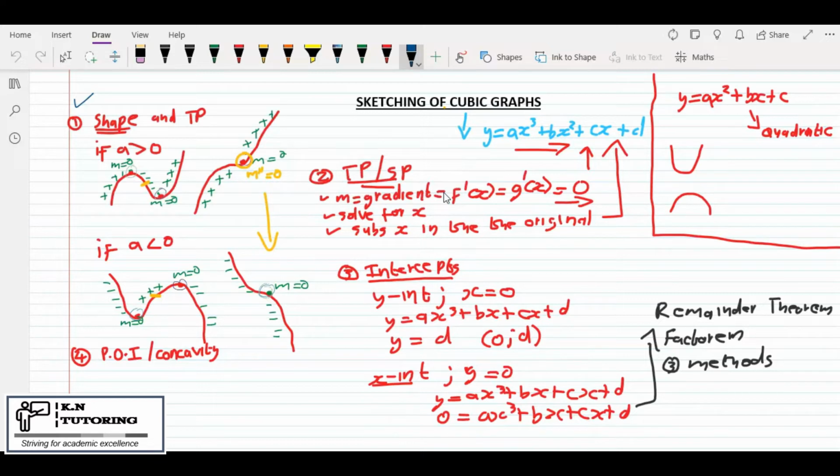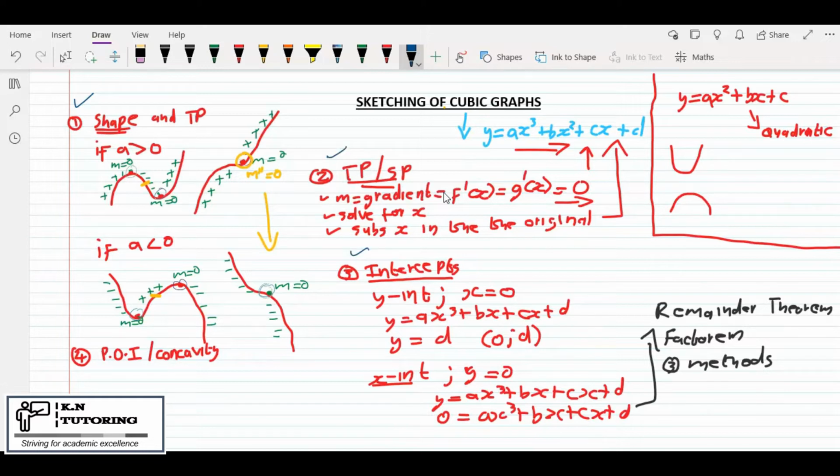After getting the x values, you substitute those x values in the original equation to get the corresponding y values. Okay. When it comes to the intercepts, if you look at this graph, it goes up, down, up, down. It will have three turning points. So if you're determining the x turning points, I've already mentioned this.